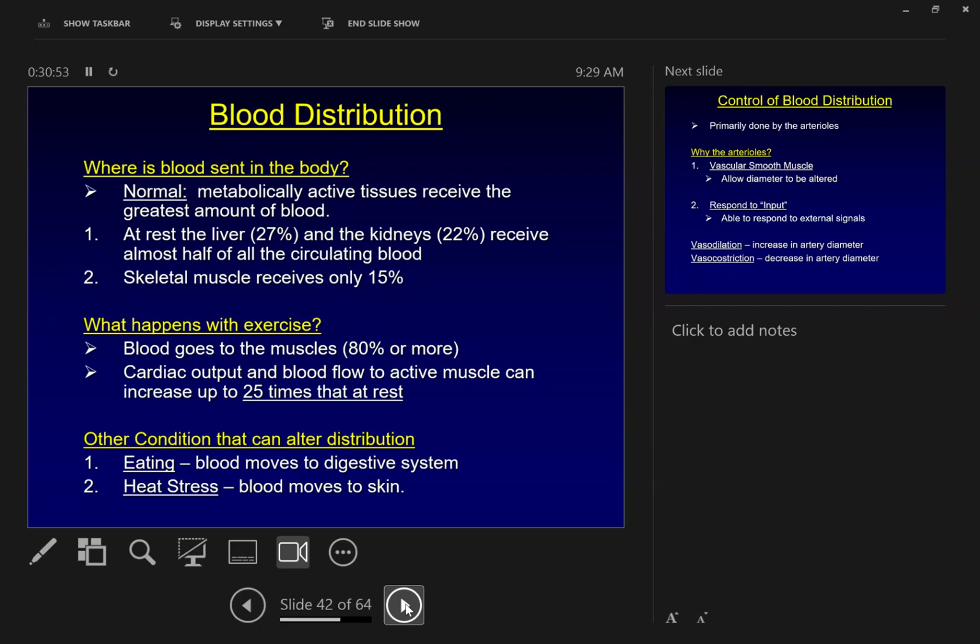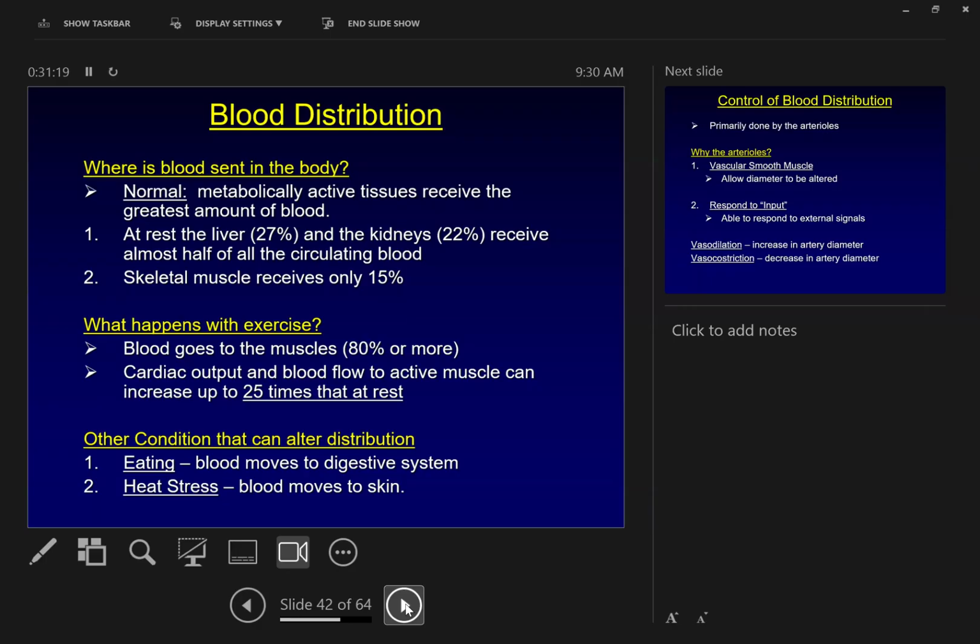So close to about 50 to maybe 60% of your blood is going to those areas at rest. Skeletal muscle only gets about 15% of your blood flow at rest. All tissues need blood to stay alive, so you're always going to be sending some blood to skeletal muscle, always some to the brain, always some to your heart, et cetera.